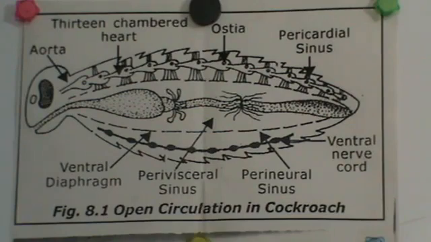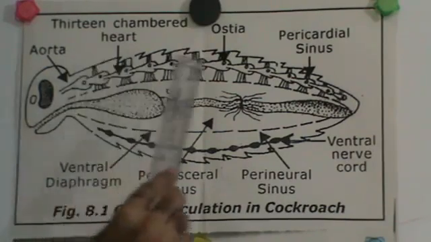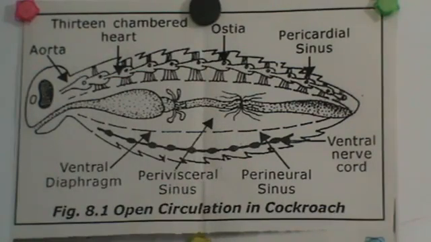The first chamber leads to the aorta in the head region. The heart is neurogenic as it is stimulated by nerves.